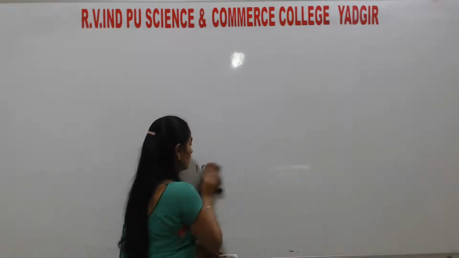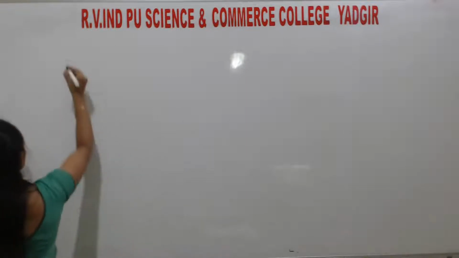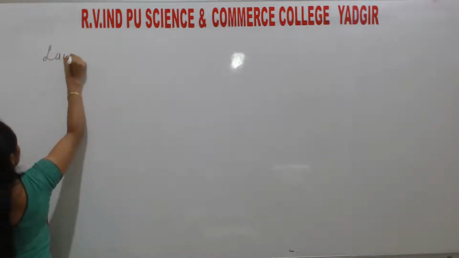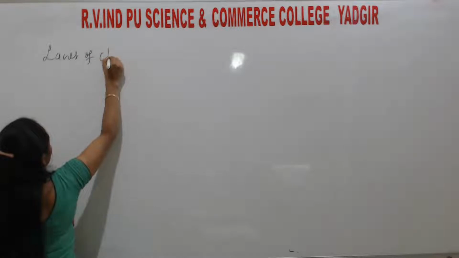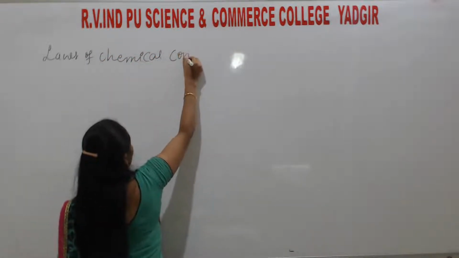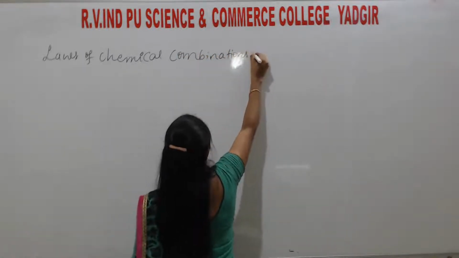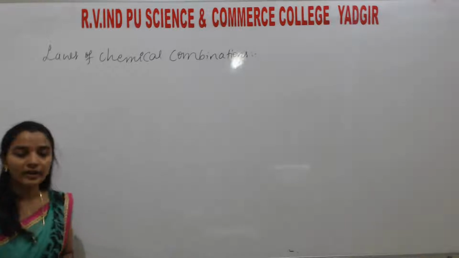Next one is laws of chemical combination. In that, students, a total of 5 laws are there.